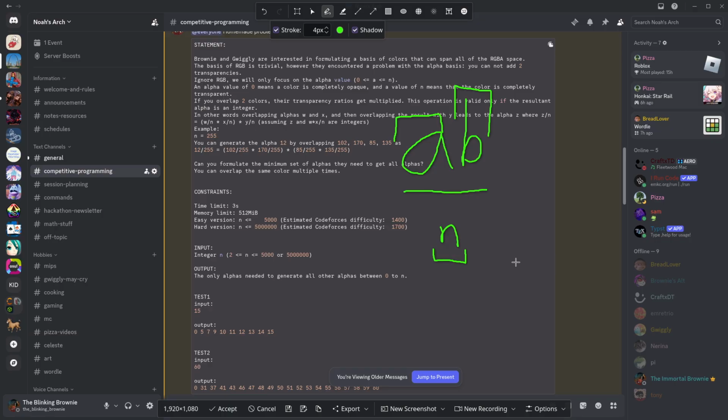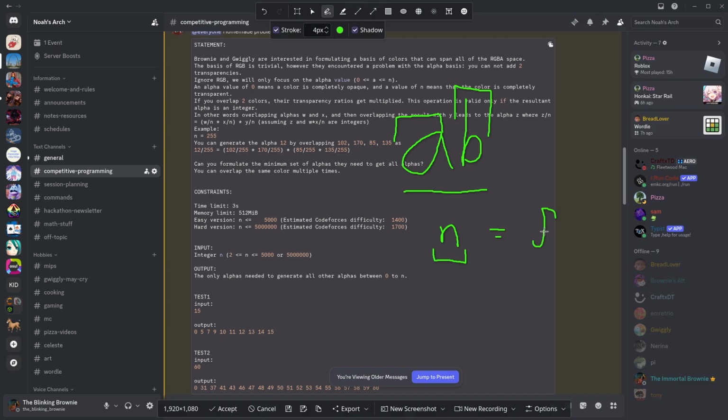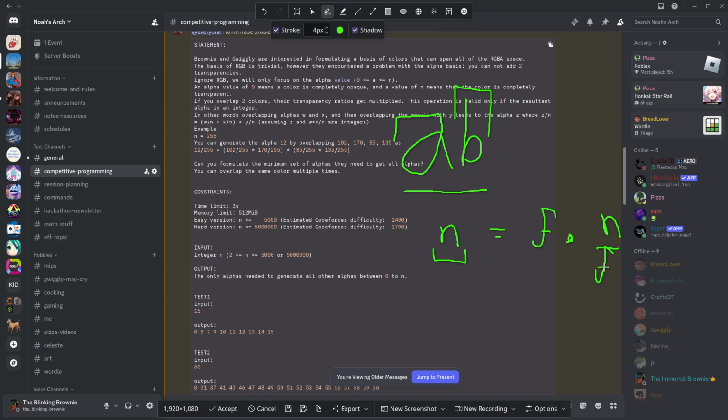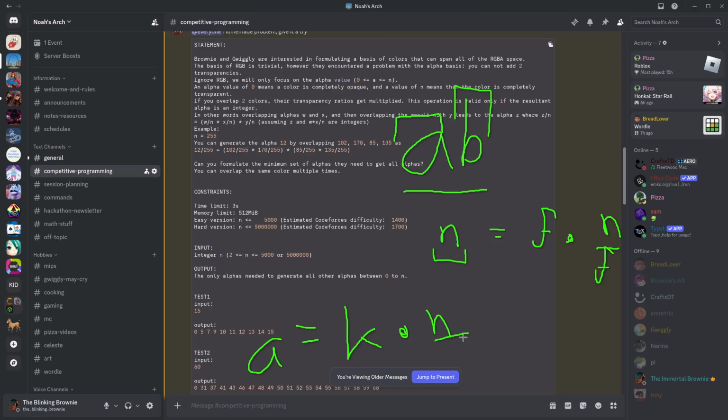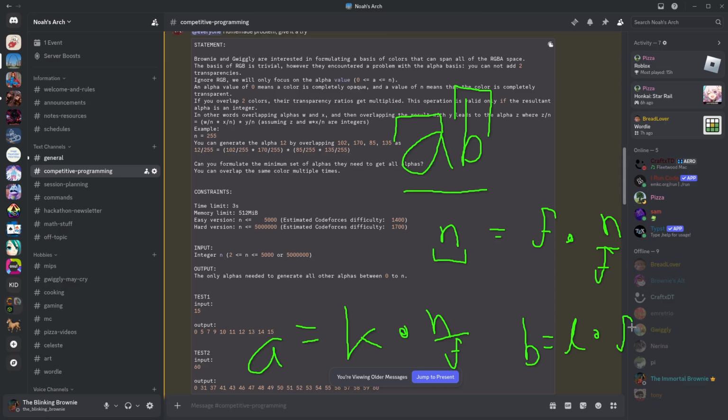Is that relevant? Yeah, it is. Anyways, we can factorize n as, let's say, f and n over f, and we can write a as k times n over f, and b as l times f.